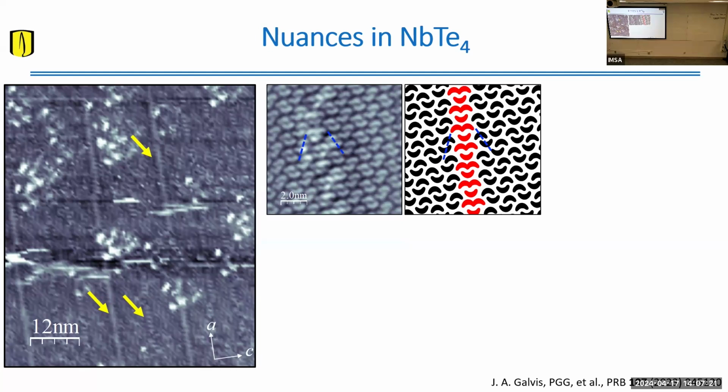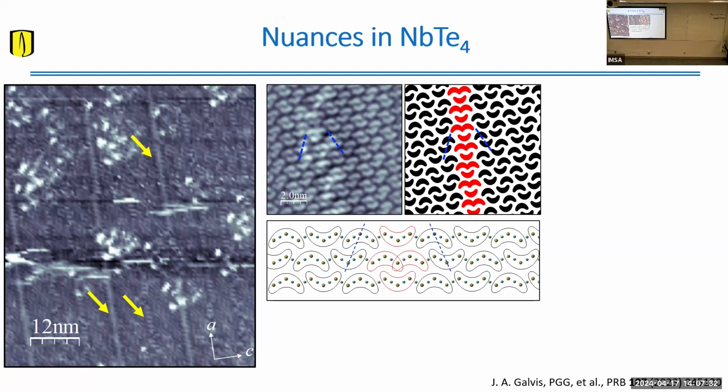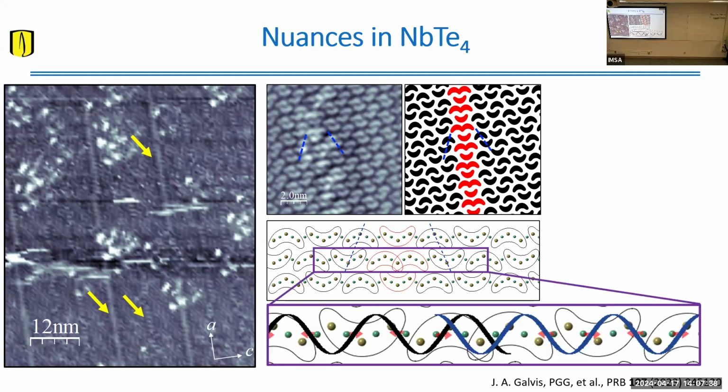And if you model this with the simple models that I do, which are in Paint, you can explain that through the merging of two of these peanuts. And if you go to the atomic level, you can see that this is what recreates these features. And if you come even closer, you can recreate what the charge density wave would be.